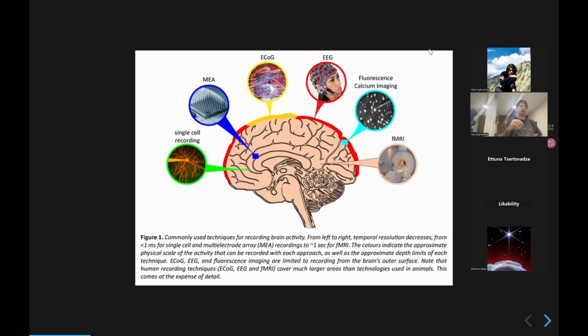And the next level after this is ECOG, this thing right here, which means that you take off part of your skull, not the entire skull. And then inside there, on the surface of your brain, you put these electrodes which measure the action potential. As you remember, when neurons talk to each other, they do that by building up voltage and then sending a spike.